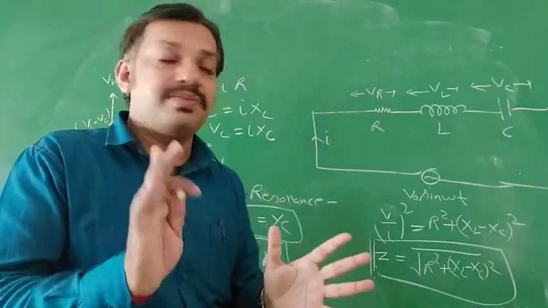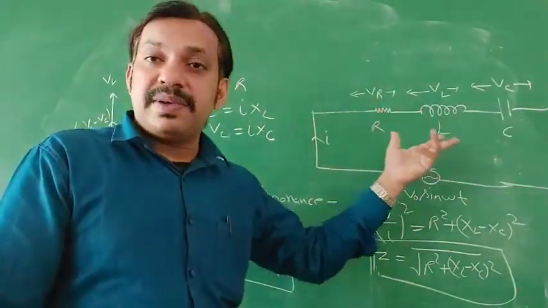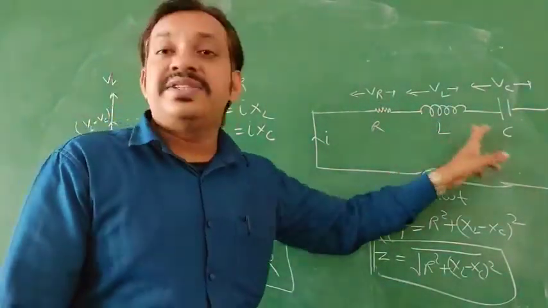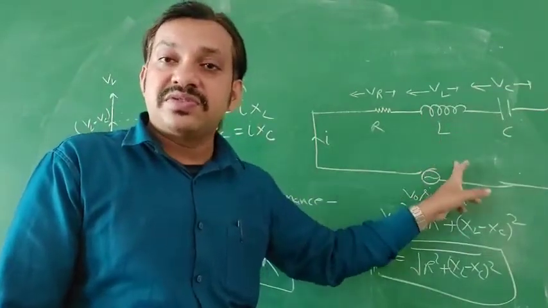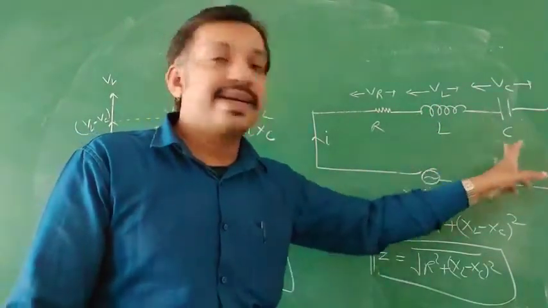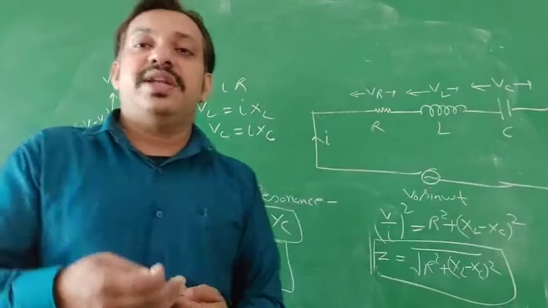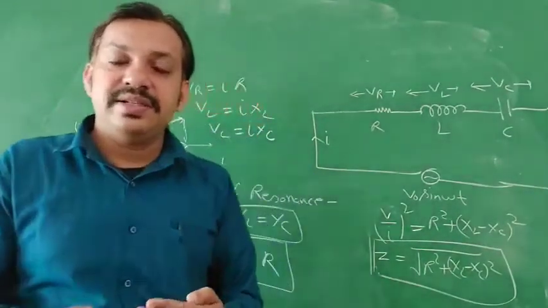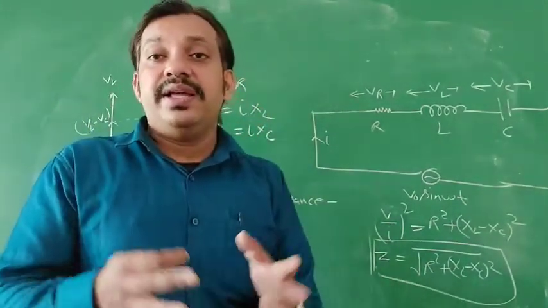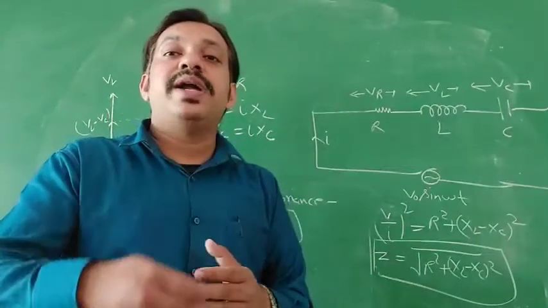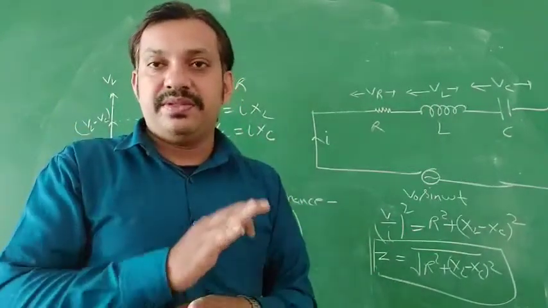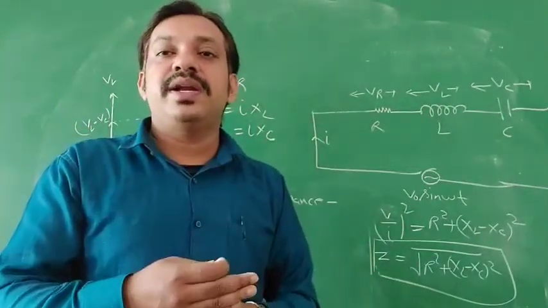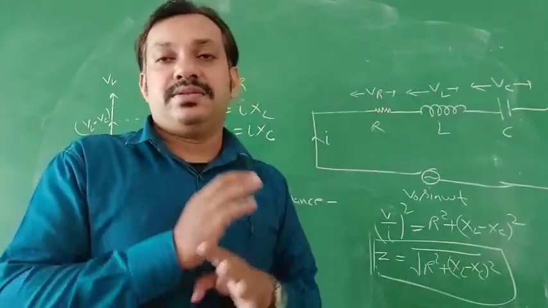It is applying some resistance, but the nature of the resistance offered by the inductor and the capacitor are opposite in nature. That is why their combination is not providing any overall resistance.